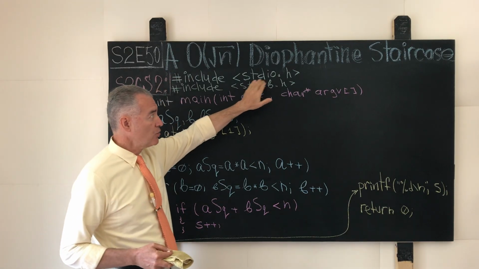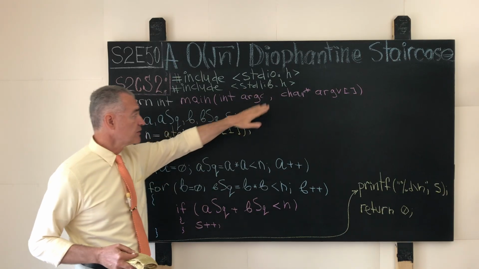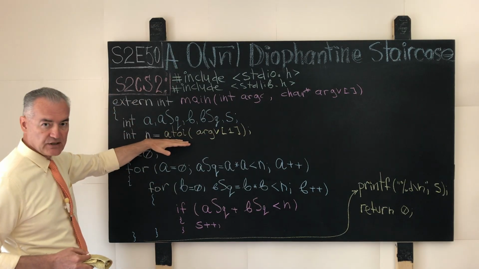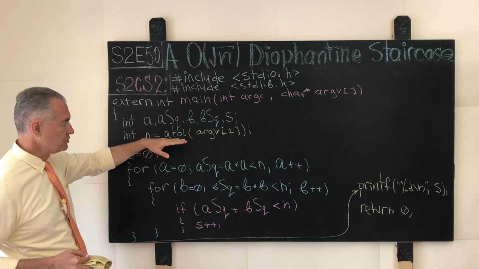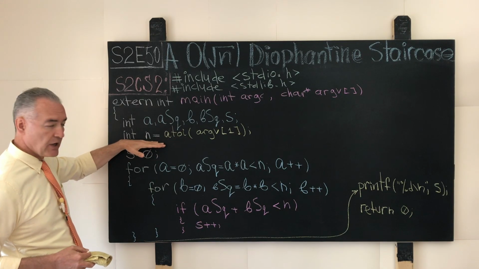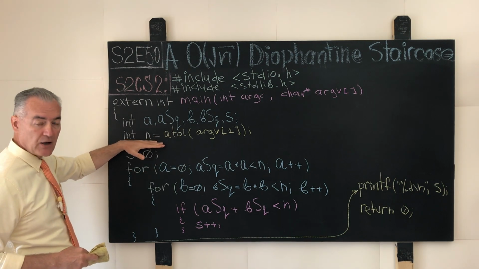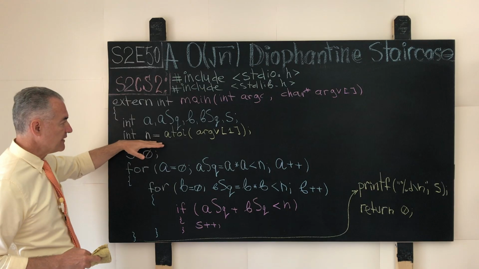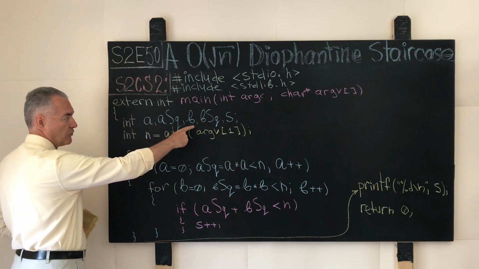The standard IO header file is needed for the printf function, and the standard lib is needed for the ASCII to integer atoi function over here, and we use this function in order to acquire from the command line the value of the bounding number that puts a bound on the sum of squares of variables a and b.